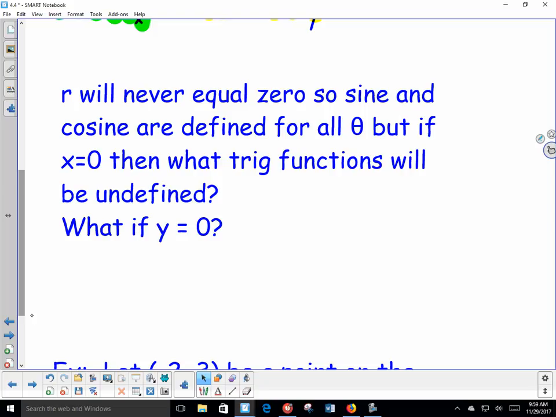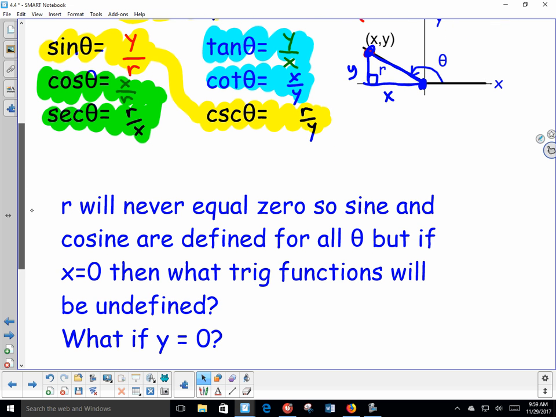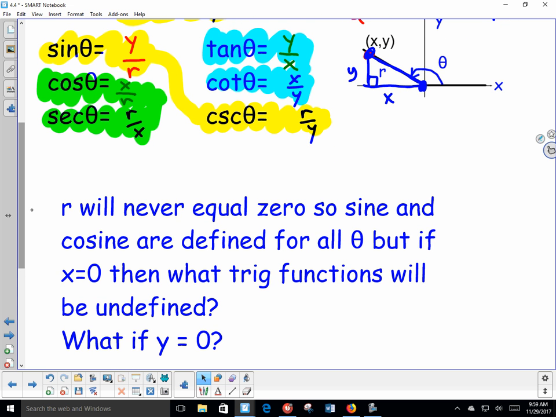Which trig functions are going to be undefined if x is equal to 0? What do you think there, Garrett? Cotangent and cosecant?